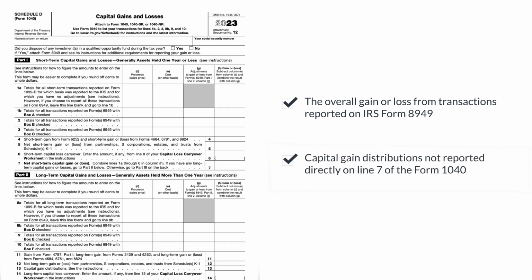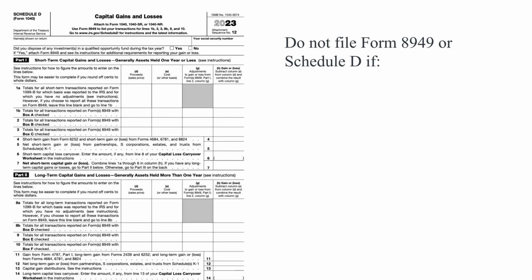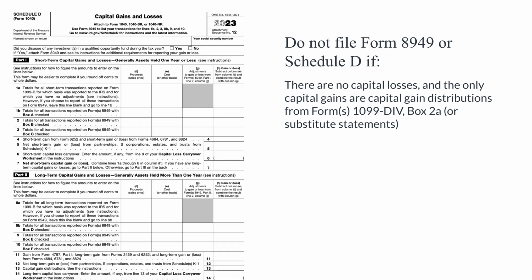Schedule D is used to report the overall gain or loss from transactions reported on IRS Form 8949 or capital gain distributions not reported directly on line 7 of Form 1040. An individual does not have to file IRS Form 8949 or Schedule D if both of the following apply.